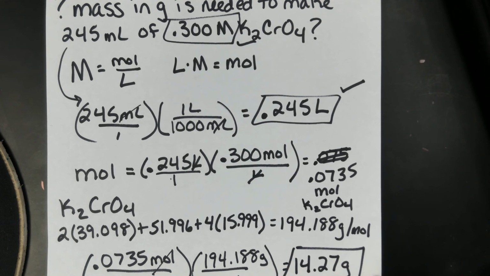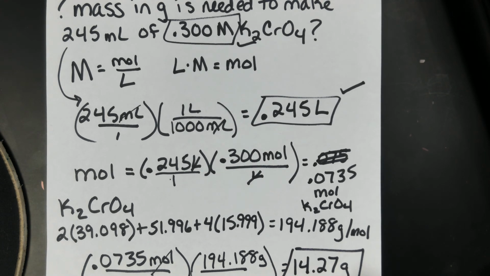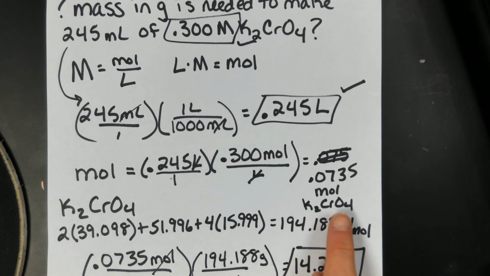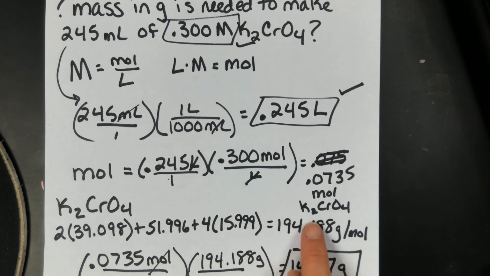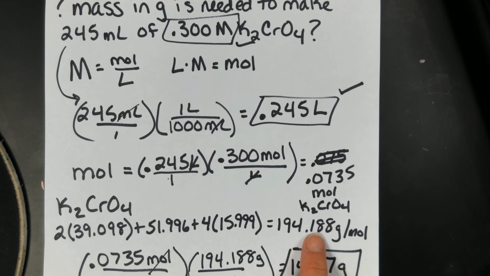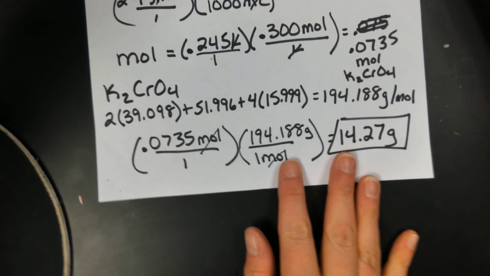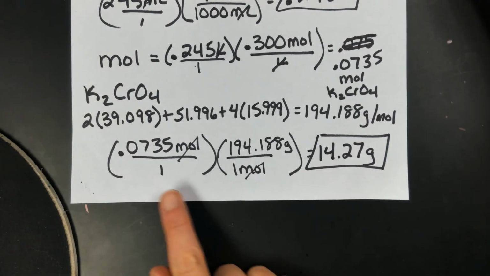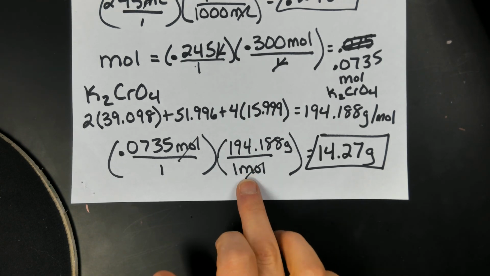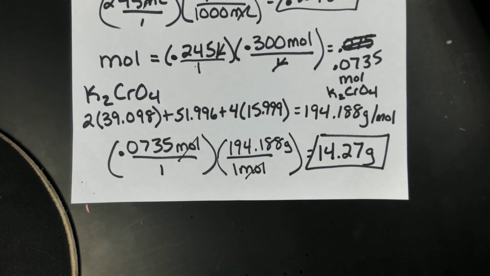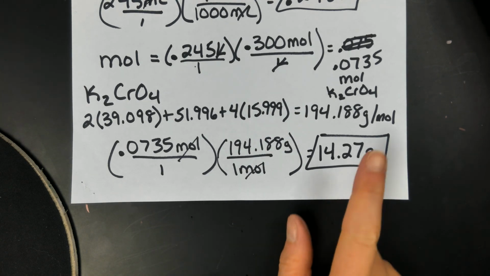So to go from moles to grams, you use the molar masses from the periodic table. But since this is a compound, I have to actually multiply 2 Ks plus a Cr plus 4 oxygens. I did just that, and I found the molar mass. So if I need 0.0735 moles, I know that for every 1 mole you need 194 grams. I multiplied those out and I got 14 grams.